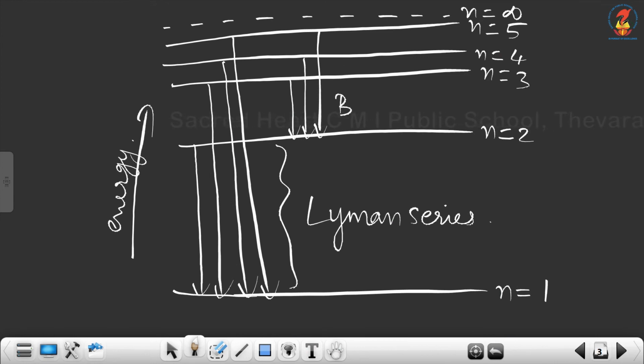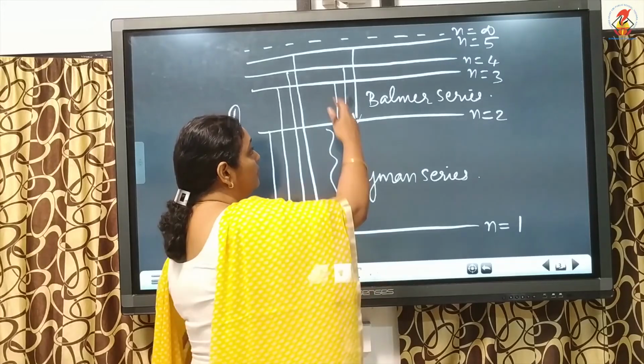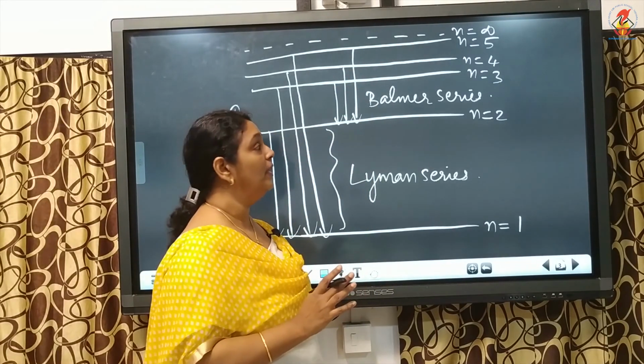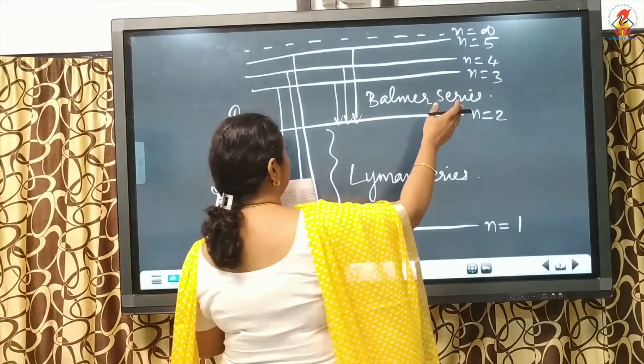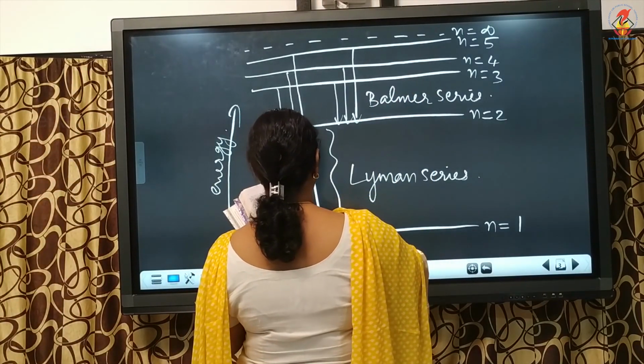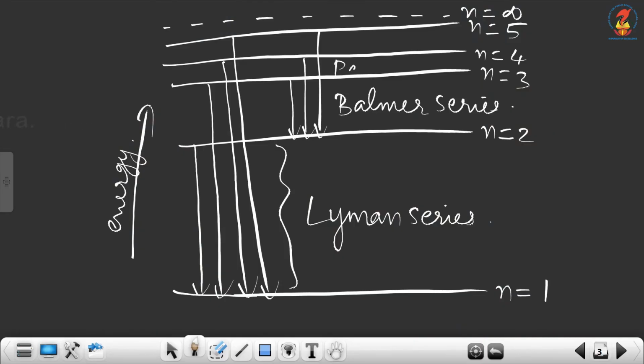So here we have our Balmer series. That's why we said n1 is equal to 2 for Balmer series, and n2 can be 3, 4, 5, etc.